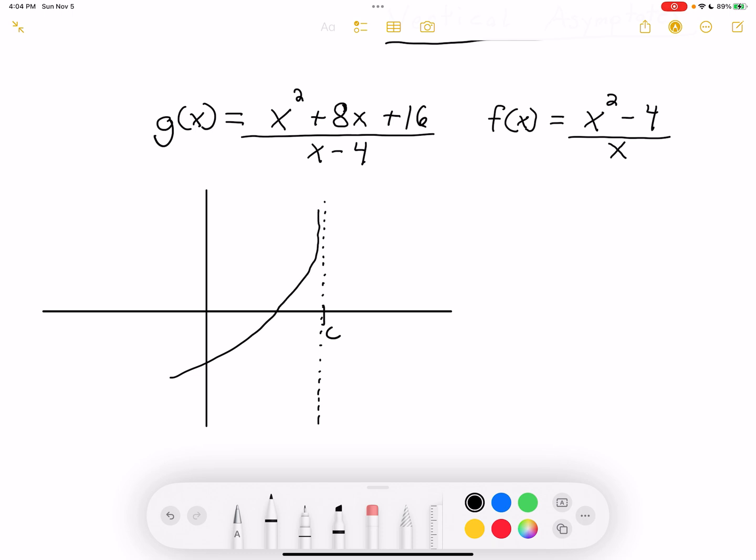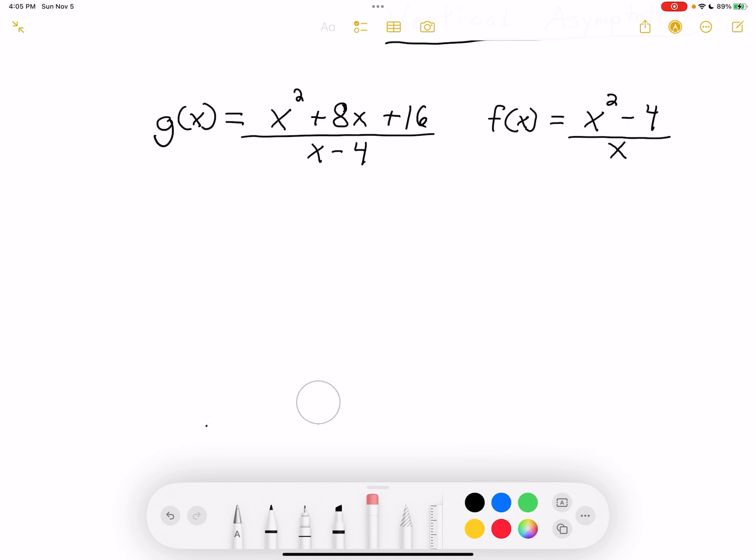Where the function gets infinitely closer and closer to some value, in this case, x equals c, but it never actually reaches it. So that's what a vertical asymptote looks like.